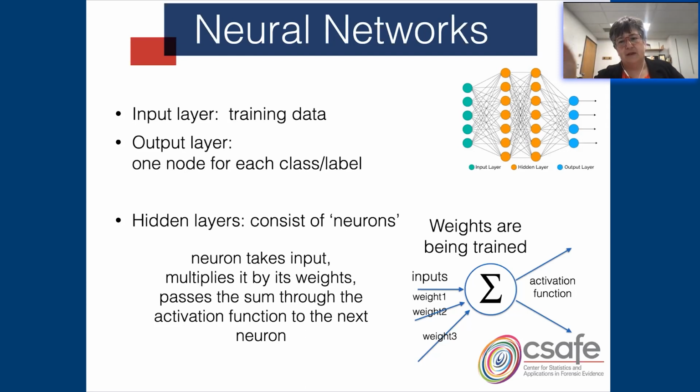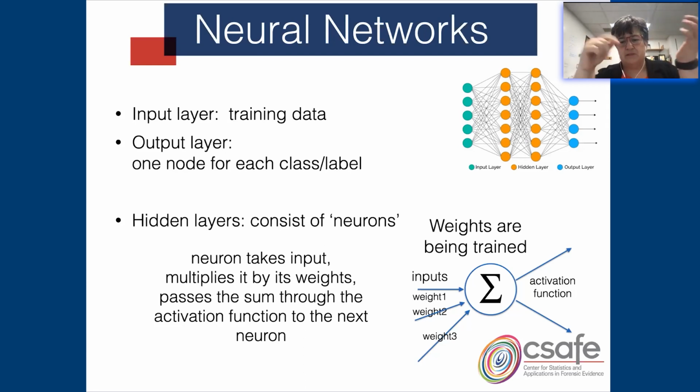Those layers in between, the hidden layers, consist of what's called neurons. So these nodes are called neurons. A neuron takes all of the inputs, multiplies the inputs with the edge weight. Each edge, each line between two nodes, has a weight.